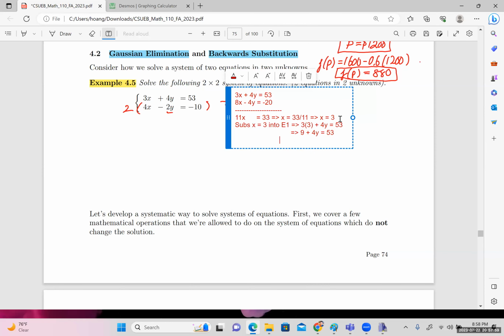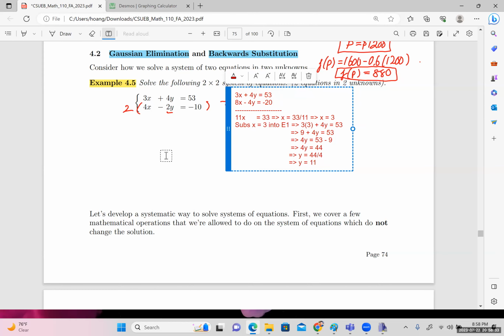And let's subtract 9 from both sides. We will have 4y equal to 53 minus 9, and I got 4y equal to 44. So then y will be equal to 44 divided by 4, and we have the answer y equal to 11.